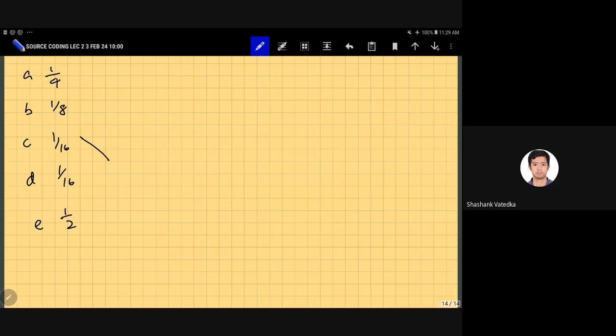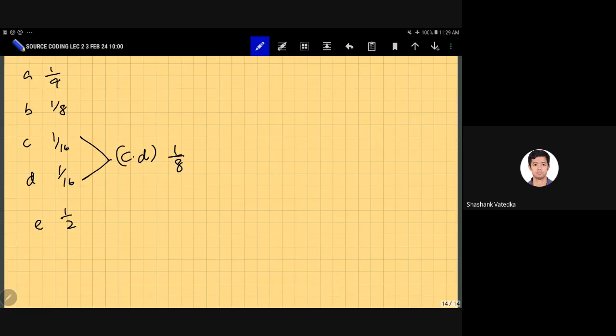I'll merge these to get C dot D. And this has probability 1/8. Right? Now I have an alphabet of size 4, A, B, CD, and E. And what are the symbols with the two least probabilities?